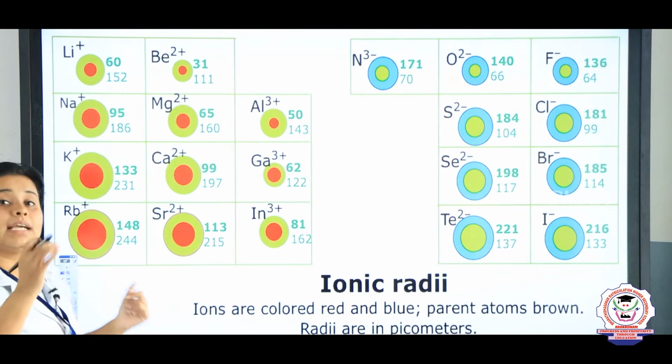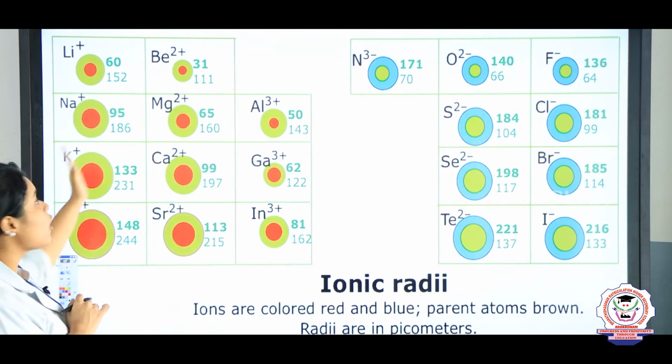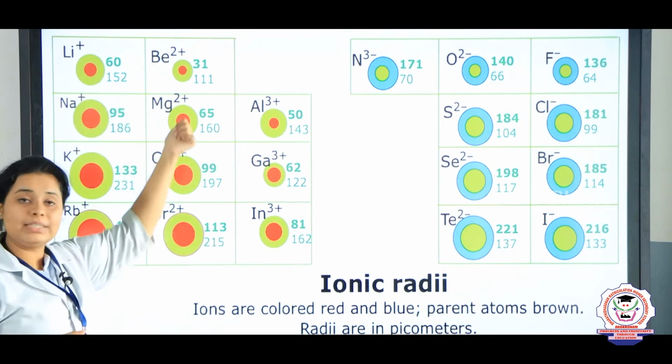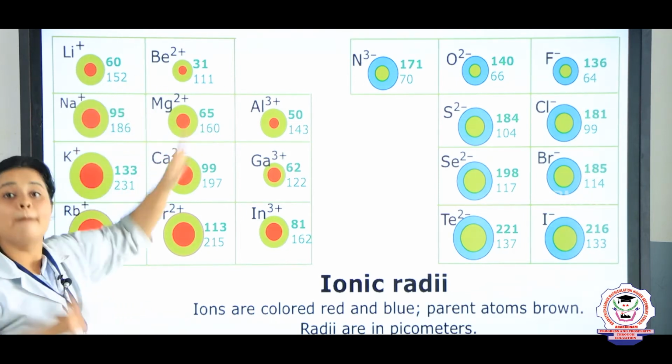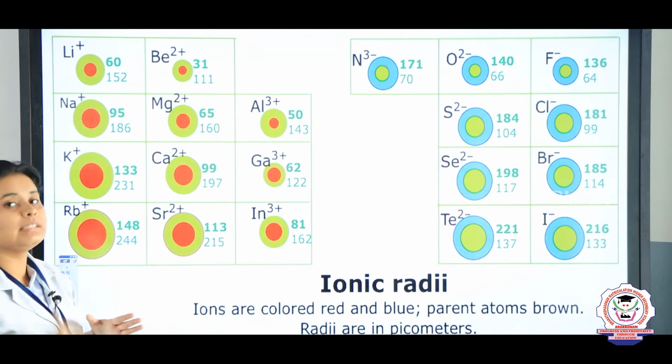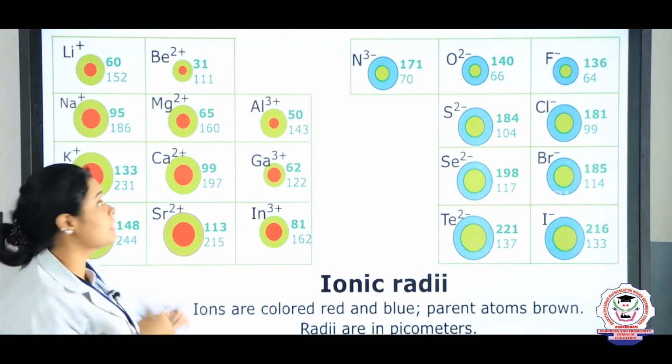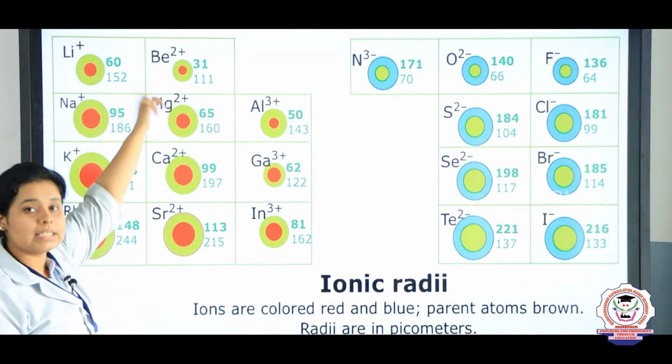In the textbook also you can see that when we are talking about the ionic radius, the atomic radius of lithium is 152 picometer. It is calculated in picometer. In the same way, if it becomes an ion, the radius will be 60 picometer.